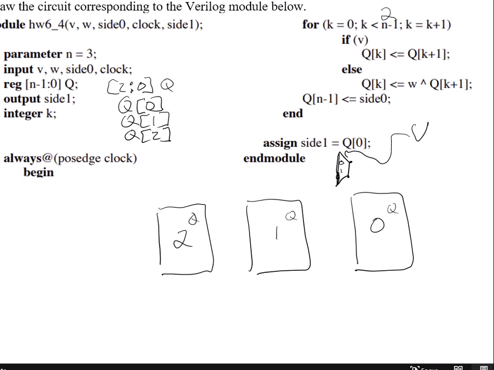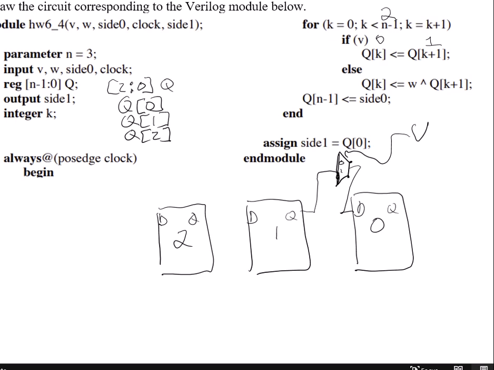And if V is 1, then my first time through this for loop, k is 0. Then Q0 becomes Q1. So my output from Q1 goes into Q0. These are D flip-flops.